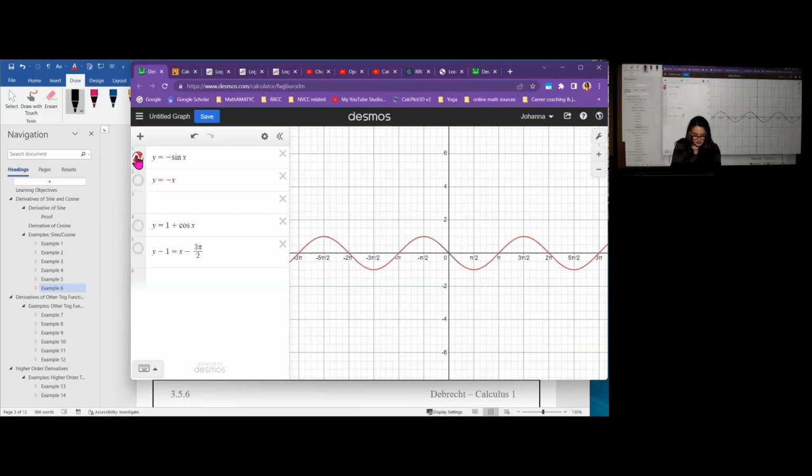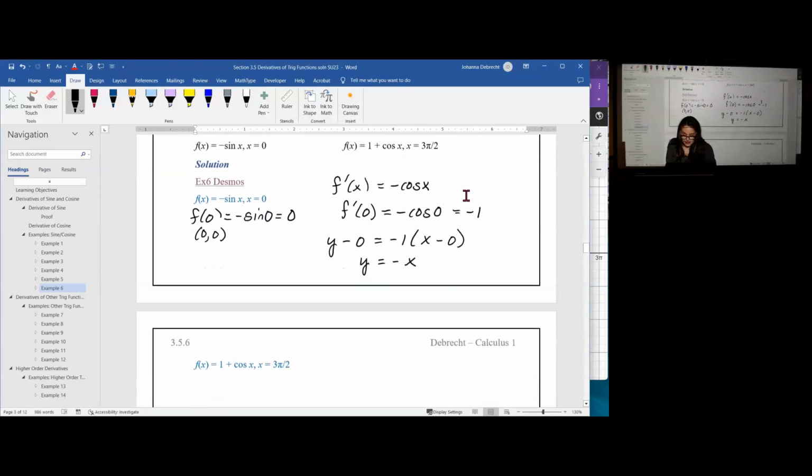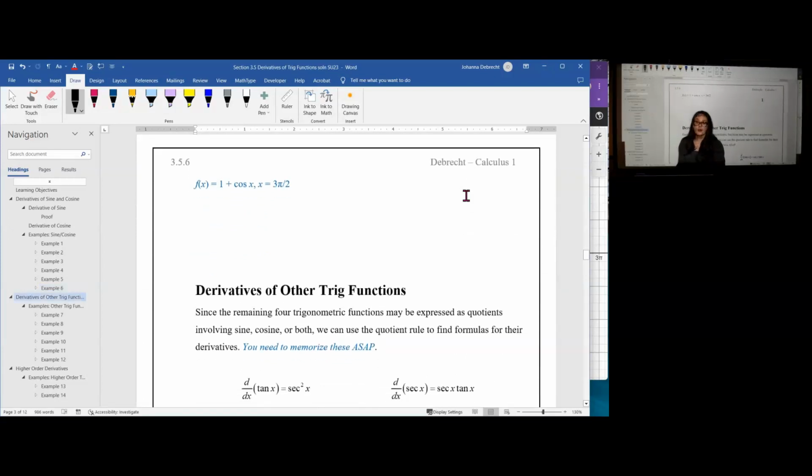Let's now take a look at the second part to example 6. 1 plus cosine x is the function at the point x equals 3 pi over 2. When we look at this one, we again need the point on the function itself. So we substitute 3 pi over 2 into the function. This is going to give us 1 plus the cosine of 3 pi over 2.